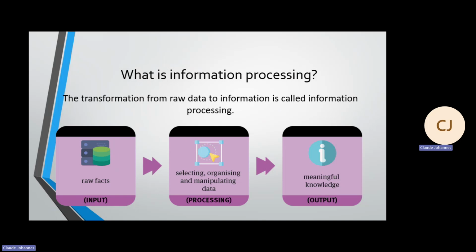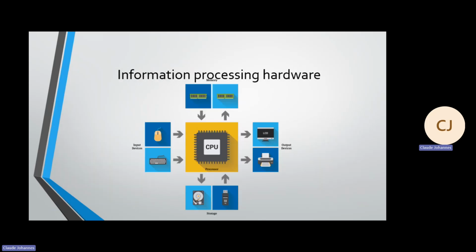So here we have raw data, which is organized and manipulated in the computer, cell phone, or laptop, and then it gives a meaningful output. We go in depth there.